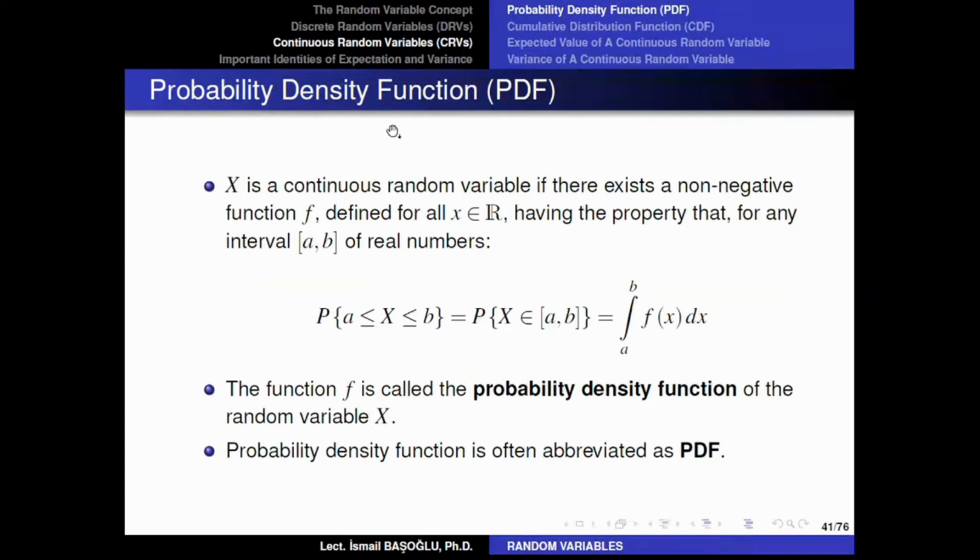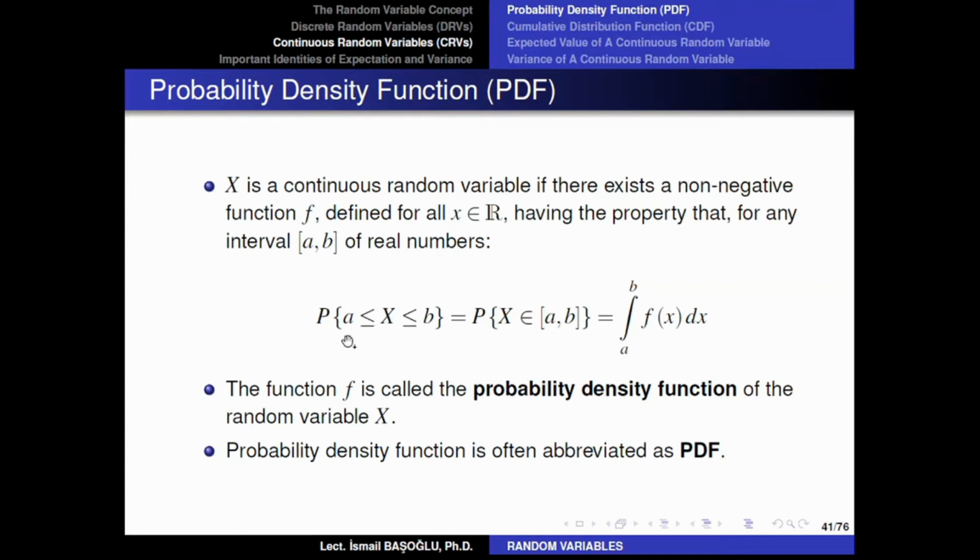First of all, my friends, let's just assume x is a continuous random variable, and it says that x must have a non-negative function f, which is going to be called probability density function. This function is going to be defined for all x values, all the real values, and it is going to provide us this probability.